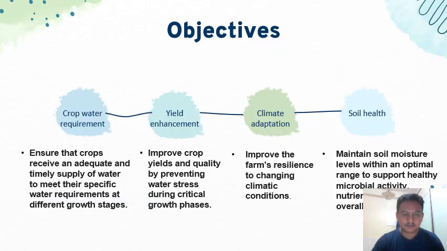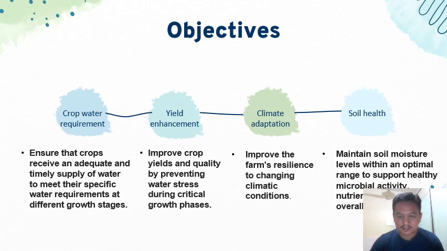Objectives. There are 4 objectives. First, crop water requirement, to ensure that crops receive an adequate and timely supply of water to meet the specific water requirement at different growth stages. Next, yield enhancement, to improve crop yield and quality by preventing water stress during critical growth phases.